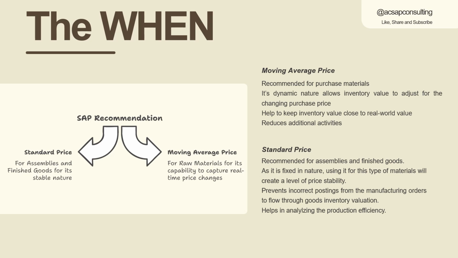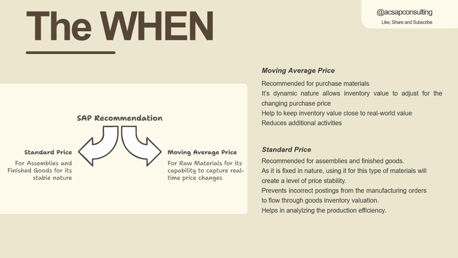But if you look at the retail industry, typically in retail the purchase variances are huge. Whenever you are selling a garment in the retail store, the price of that changes in the market very easily and very dynamically. So they use moving average price even for the finished goods.